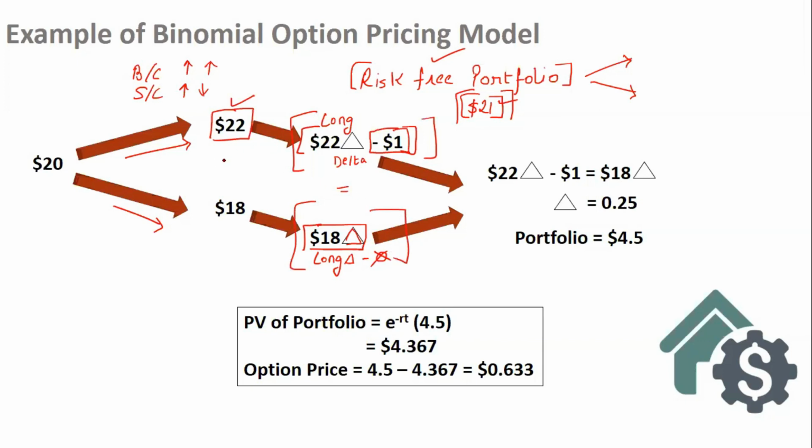So either prices go up or prices go down, we will not make a loss. So let's do that. We take the upside potential and compare it with the downside. And we are assuming that both should give us the right result. So we are doing this to find the value of delta, the fraction of shares which we are supposed to purchase. So delta comes out to be 0.25.